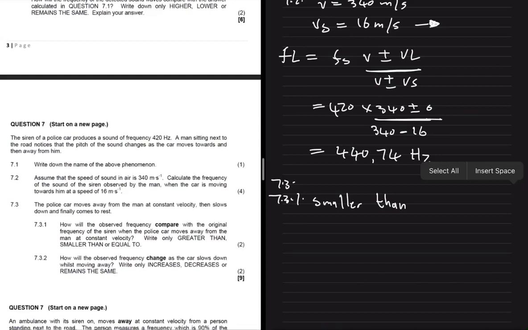So if you increase the denominator and keep the numerator the same, the number overall is going to be smaller. There's no need for an explanation.